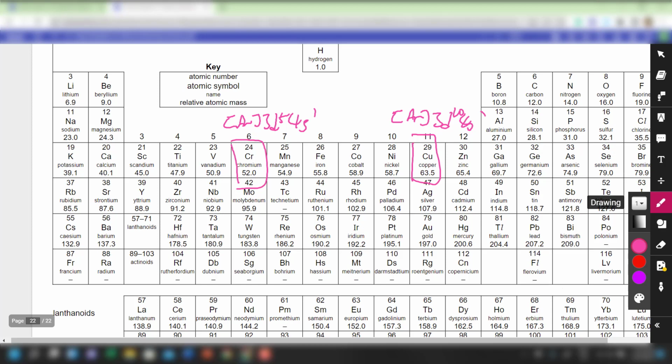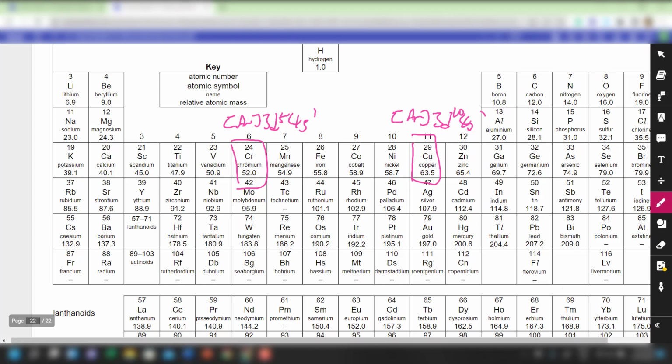you do not need to worry too much about them, because even in undergraduate courses, they do not talk too much about them, because they tend to have some reactivity which is quite different from the first row transition elements, especially the third row.